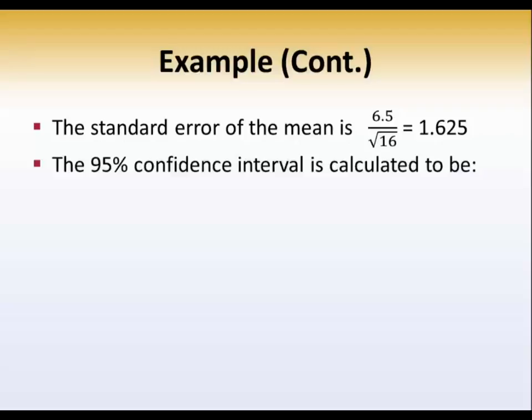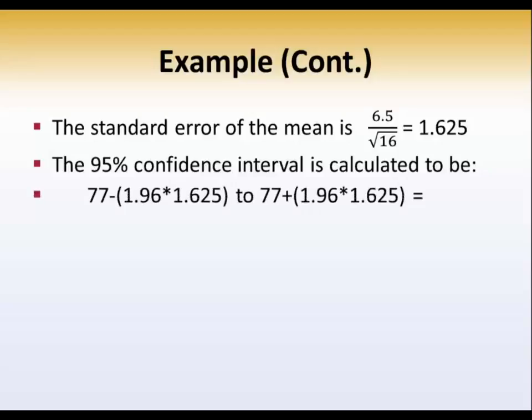So then you calculate the 95% confidence interval by using the formula previously. It's the mean minus the z times the standard error of the mean, to the mean plus 1.96 times the standard error of the mean. When we do that, we find that the 95% confidence interval on our value of 77 ranges from 73.815 to 80.185.